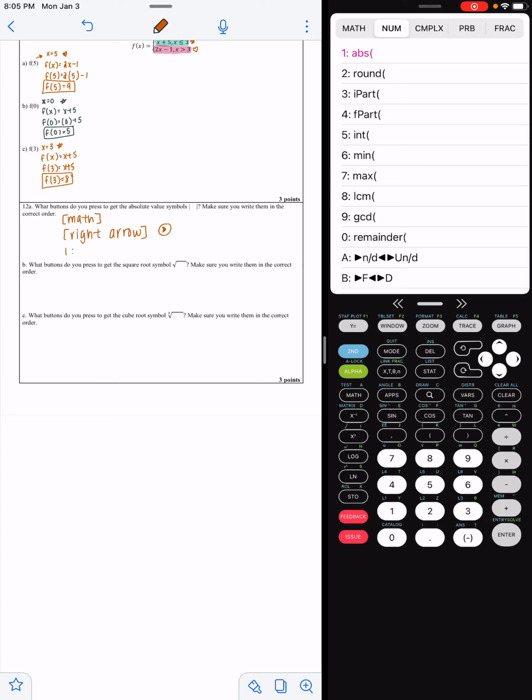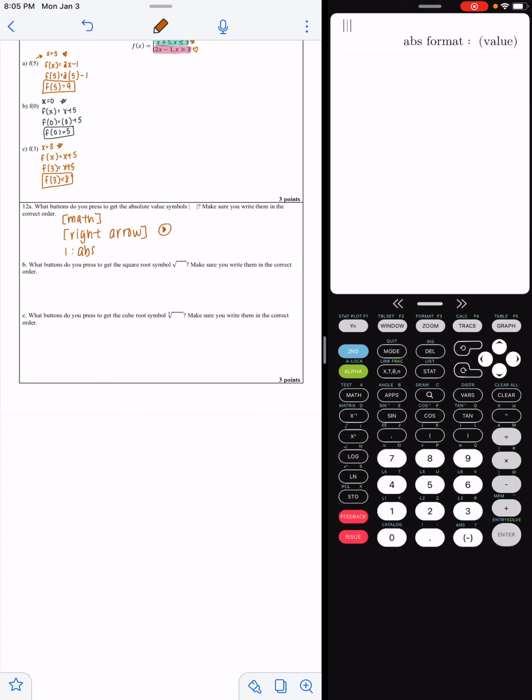So you're going to hit enter, 1, absolute, and you get these symbols. Okay? What buttons do you press to get the square root? You're going to press second, and then you're going to press the x squared button, because on top of the x squared button is the blue symbol for square root.